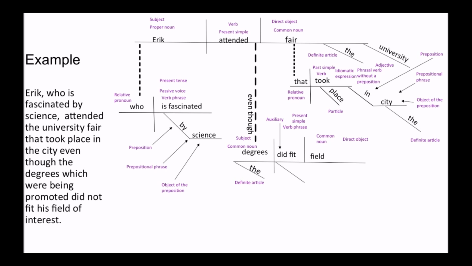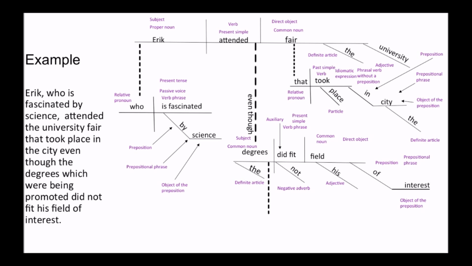The field. So not is a negative adverb. And his, it's an adjective. Of interest is a prepositional phrase. Of is the preposition and interest is the object of the preposition.